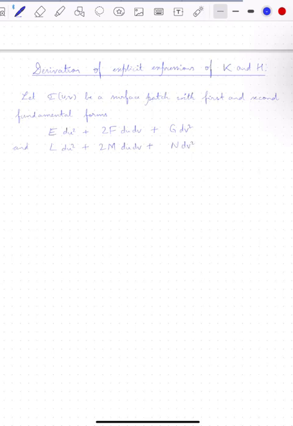So these are the first and second fundamental forms. Now we define this respectively, of course.